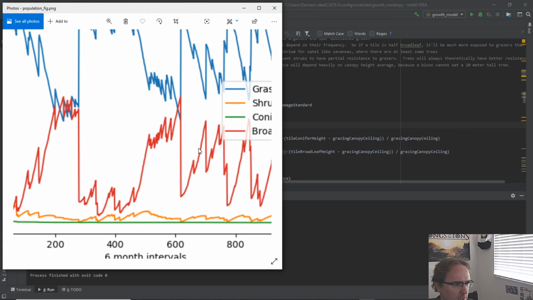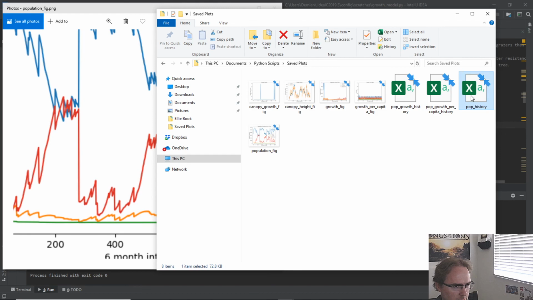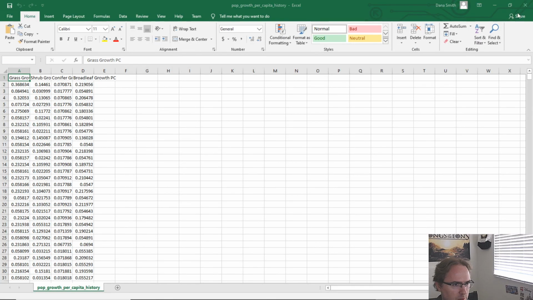And I feel like, let's do this. Let's open up our Excel. Let's look at, well, not pop growth per capita.